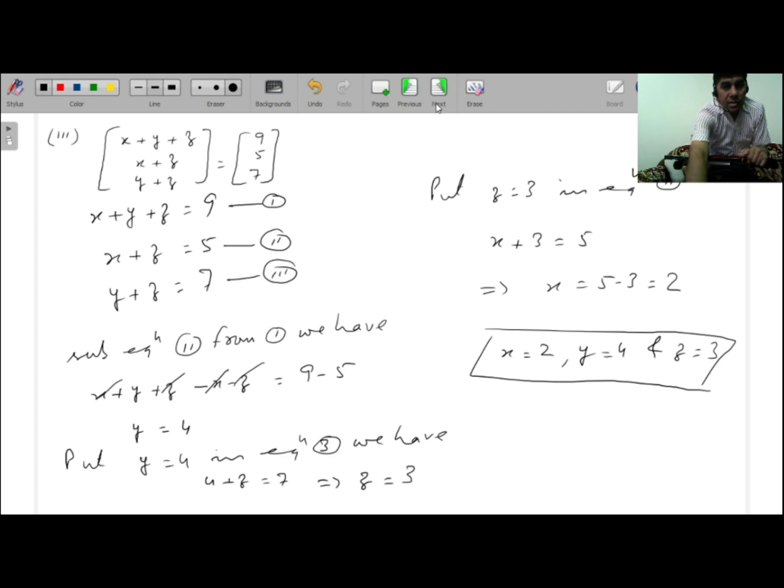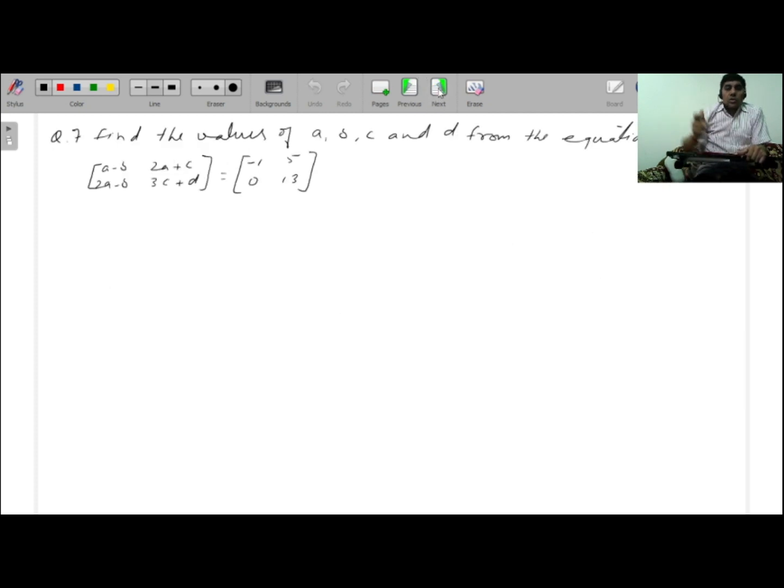The next question, question number 7. Find the values of a, b, c and d from the equation. Two matrices are equal, therefore their corresponding entries are also equal.